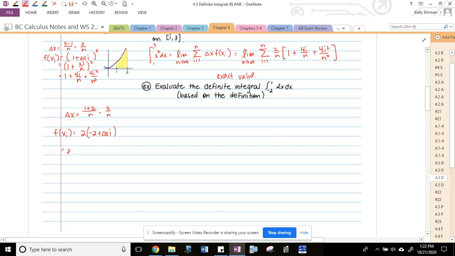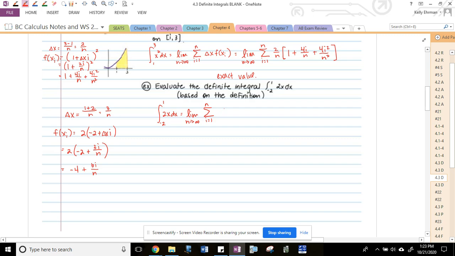And then we sub in what we know. 2 times -2 plus 3 over n times i will be 3i over n. Might as well distribute the 2, so -4 plus 6i over n. So the integral from -2 to 1 of 2x dx is equal to the limit as n approaches infinity of the sum from i equals 1 to n of what?